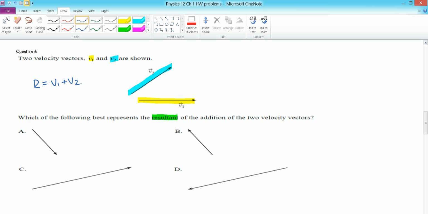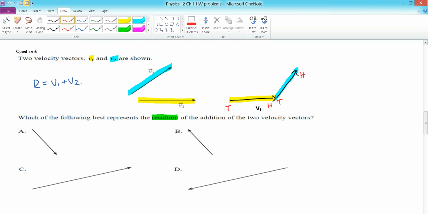So if I add V1 plus V2, I'm going to redraw this again. This is my V1. And if I add that to V2, you simply go head to tail. All right, so basically this is like your tail, this is your head, this is your tail, that's your head.